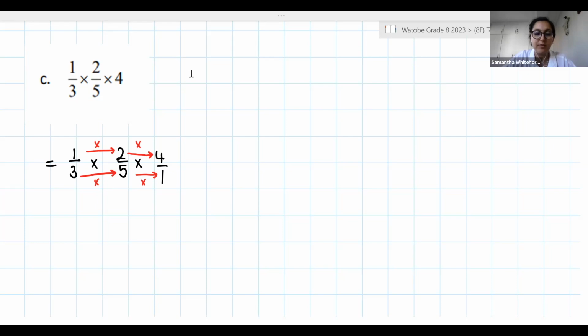And remember, whenever we have a value that isn't a fraction, we always write it as a fraction. So that is why 4 becomes 4/1. Liking what I'm seeing so far.